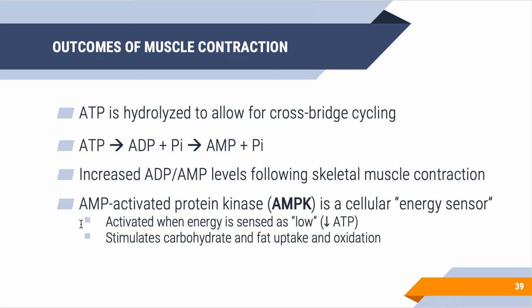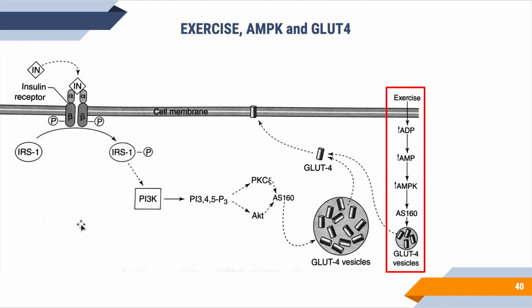Increasing these levels of ADP and AMP can stimulate something called AMP-activated protein kinase, otherwise known as AMPK. AMPK is a cellular energy sensor, meaning that when ATP levels are low or ADP and AMP levels are high, it becomes activated to stimulate carbohydrate and fat uptake as well as their oxidation.